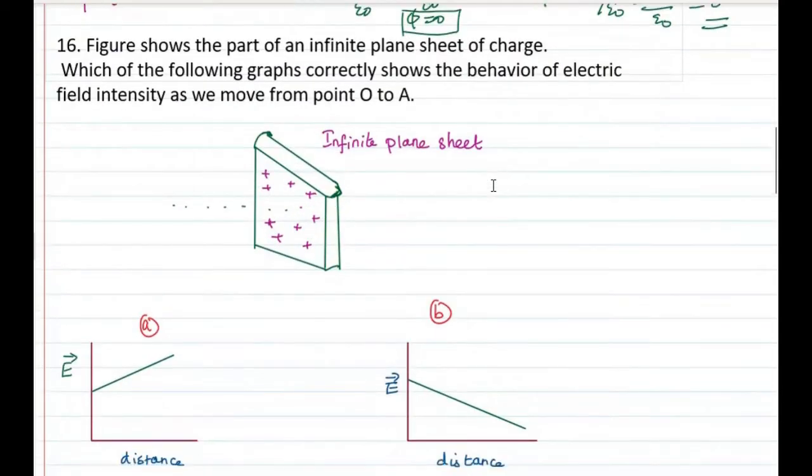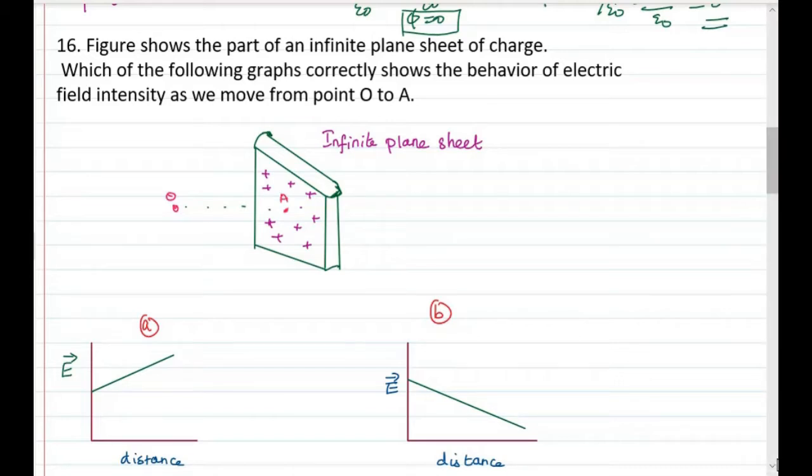Next one: the figure shows a part of an infinite plane sheet of charge. Which of the following graphs correctly shows the behavior of electric field intensity as we move from point O? Point O is here and point A is here, as given in the diagram.